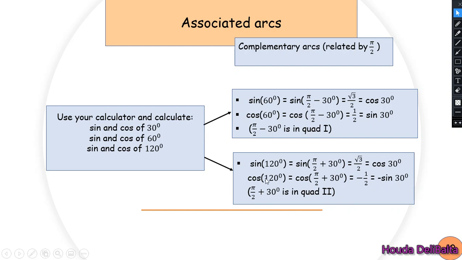So again we notice that 120 and 30 exchange sine and cosine, but here the cosine is negative because 120 is 90 plus 30, which is pi over 2 plus 30. Because 120 is in quadrant 2, the sine is kept positive, while the cosine is the same as sine 30, but we have to put a negative sign beside it. So what can we conclude?